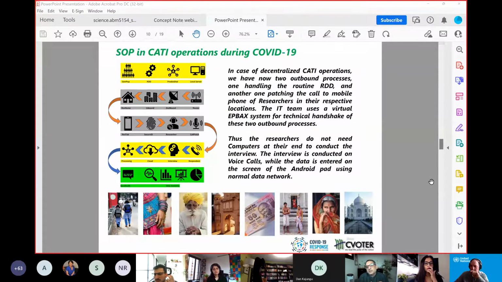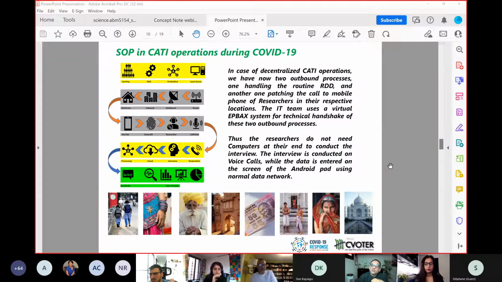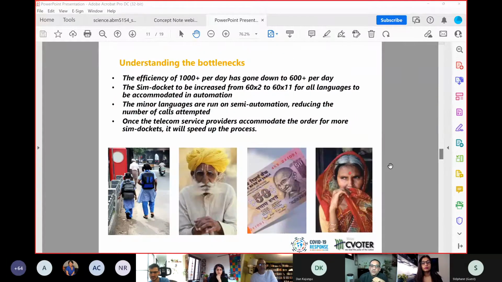And when it happened, we happened to be the only survey operation running, not just in India but in the entire South and Southeast Asia. We later realized that. And that allowed us not only to continue our routine omnibus operation, but also to start asking questions which were directly related to COVID.